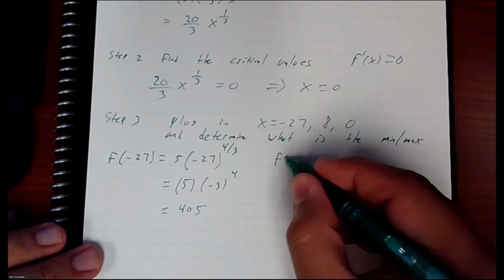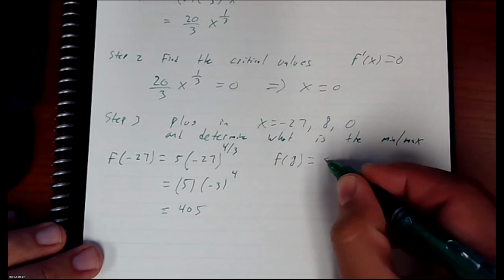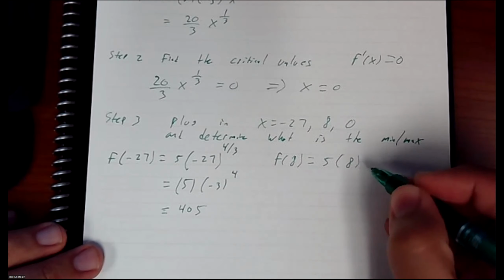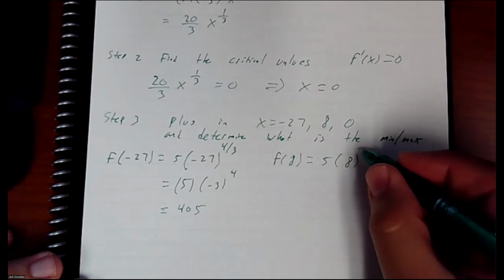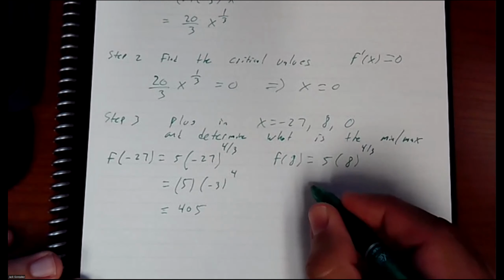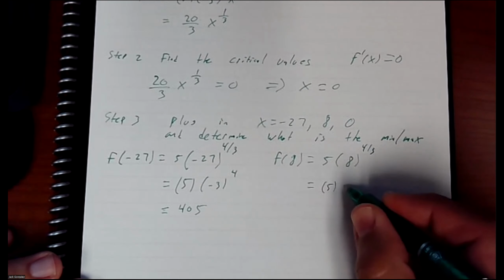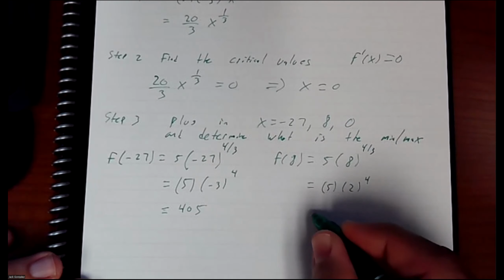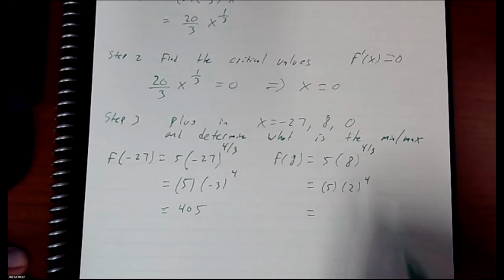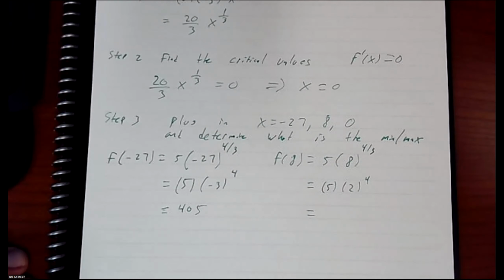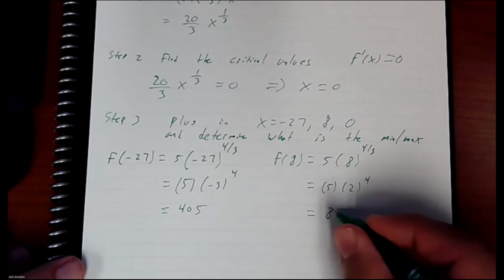Now let's do f of 8. That will be 5 times 8 to the 4/3. That would be 5 times 2 to the 4th, which is 2 times 2 is 4, times 2 is 8, times 2 is 16, 16 times 5 is 80.